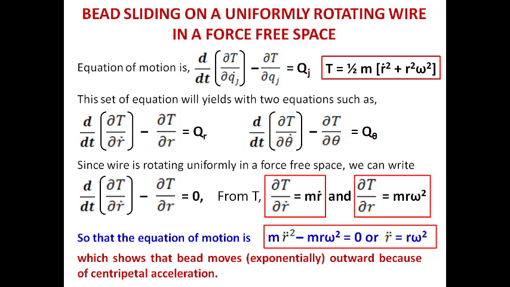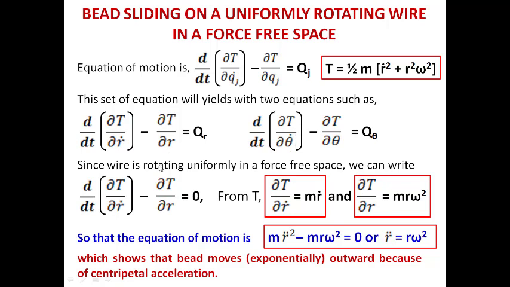If we start with Lagrange's equation of motion, d by dt of dou T by dou q j prime minus dou T by dou q j equals Q j, and substitute the earlier expression for T, the set of equations divides into two classes: one regarding the radius r, another regarding the angular displacement.